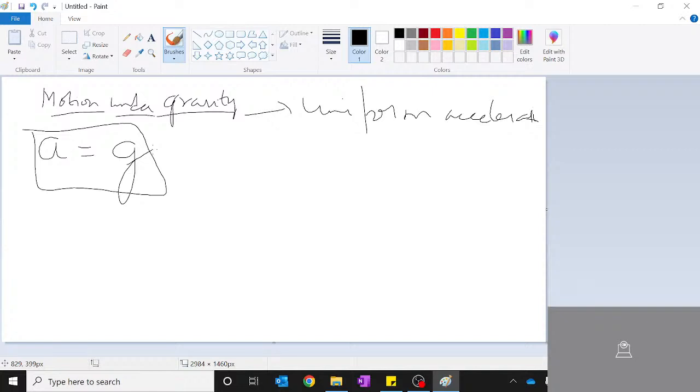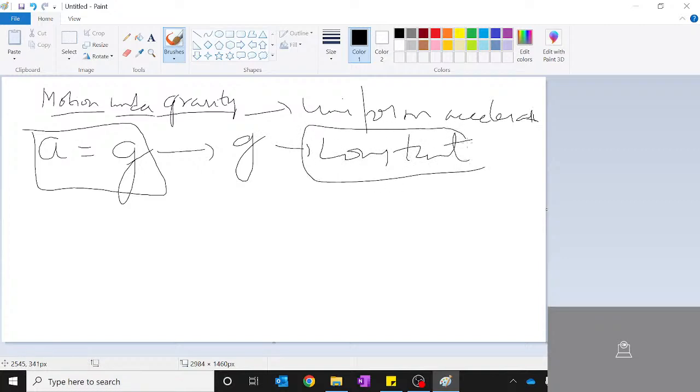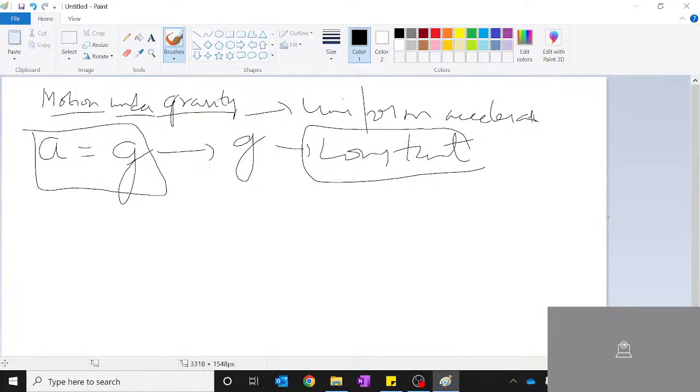Because it's a uniform acceleration under the effect of gravity, the value of g is always known. This becomes constant for you. Understood?